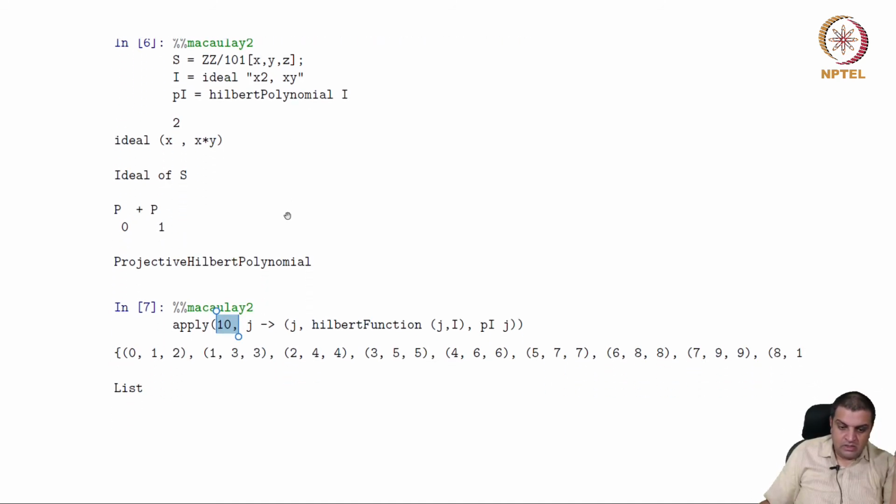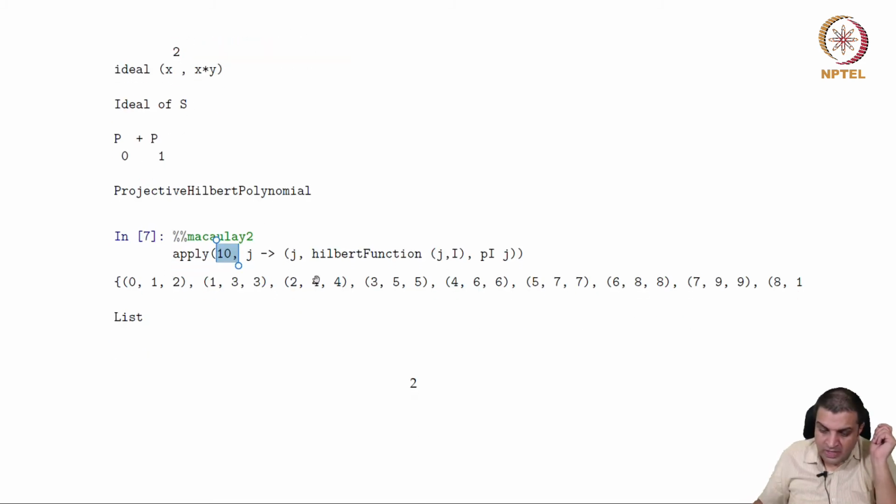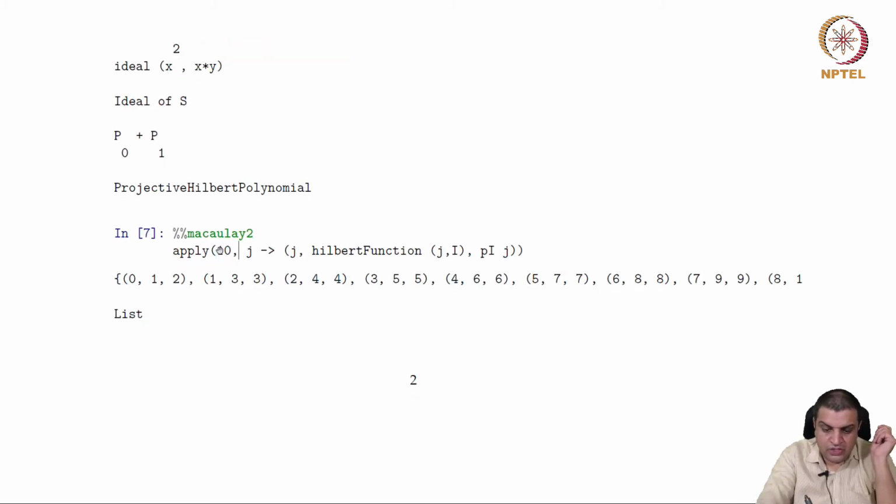This particular thing I have called pI, small p capital I, so that one could refer to it later. And here we ask for integers 0 through 9 and list the values. This is just to keep track of the degree in the output. First it gives the Hilbert function of the quotient in degree j, and then the value of the Hilbert polynomial in degree j.